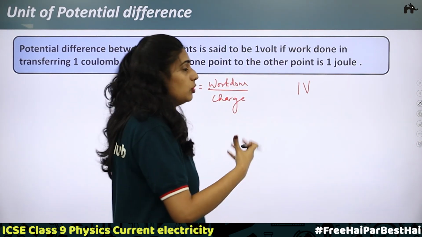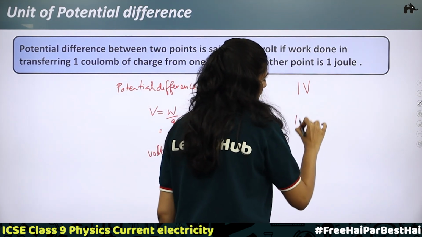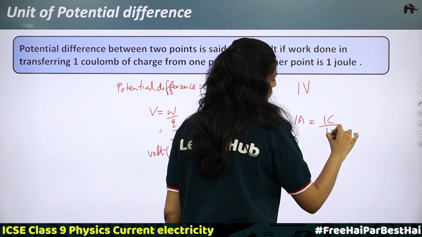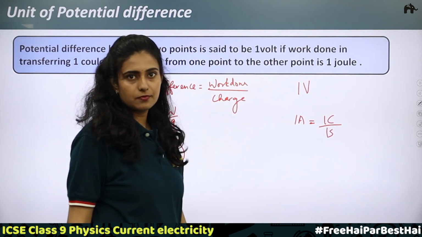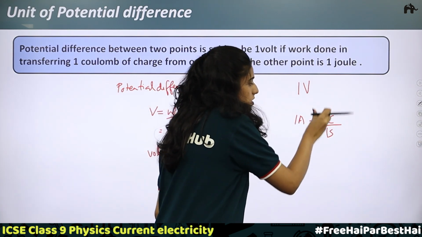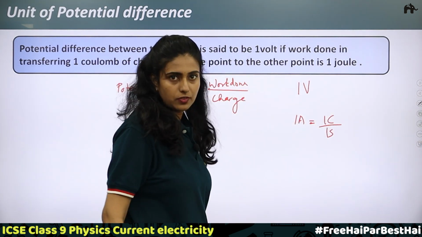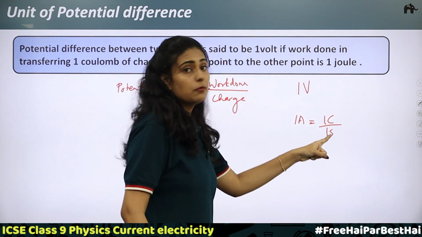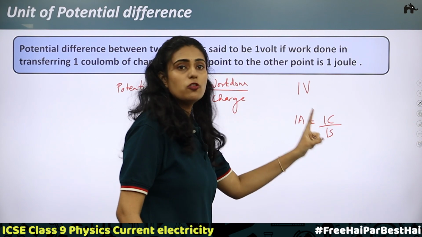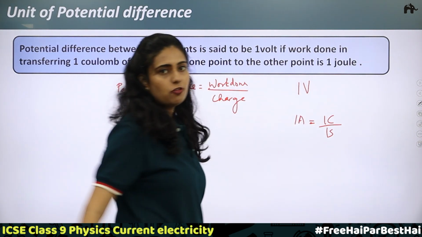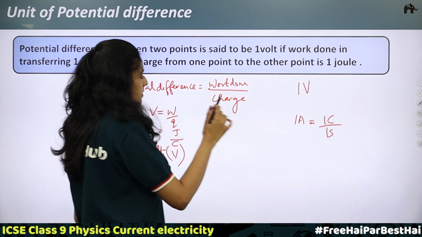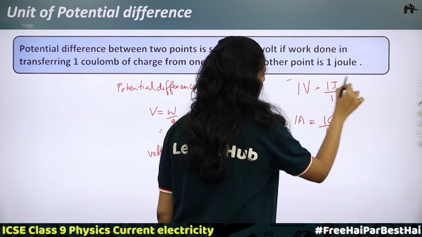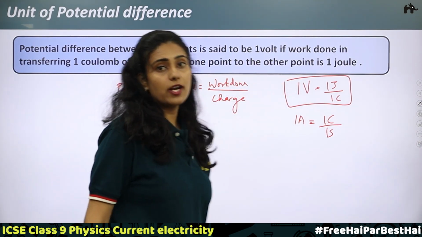In the case of current, we know the current is 1 ampere when 1 coulomb of charge is passing for 1 second. The rate of change of charge is called the current. So, when do we get 1 volt potential difference? 1 volt potential difference is when 1 joule of work is done in transferring a charge of 1 coulomb from one point to another. 1 volt is equal to 1 joule per 1 coulomb.